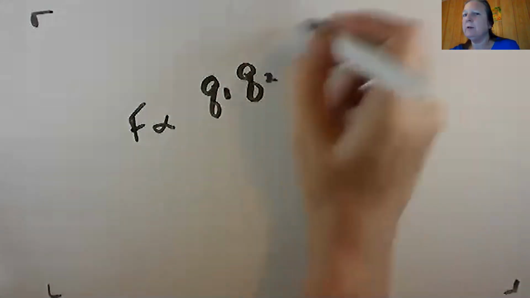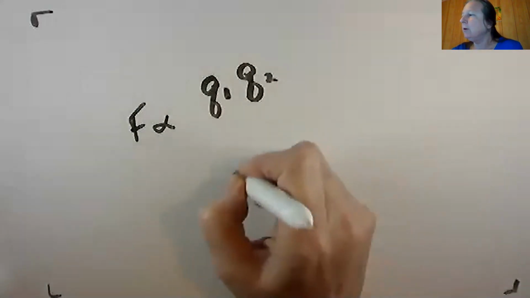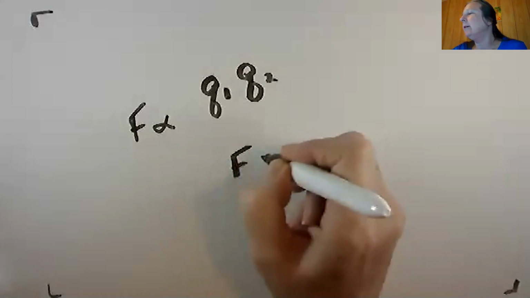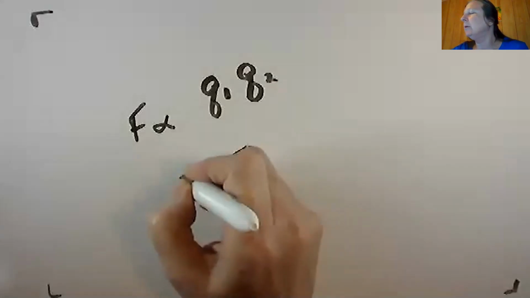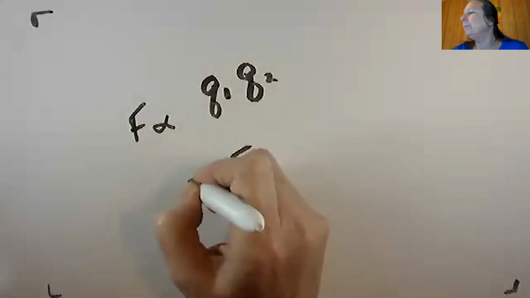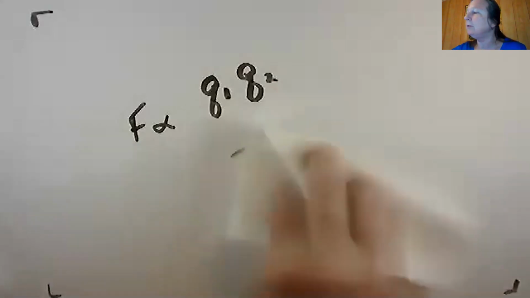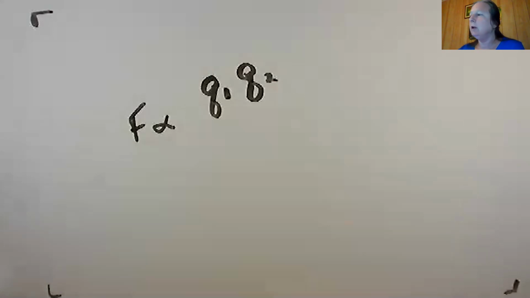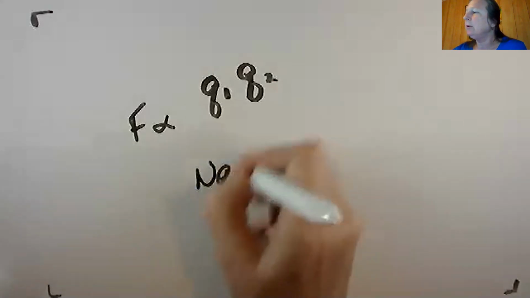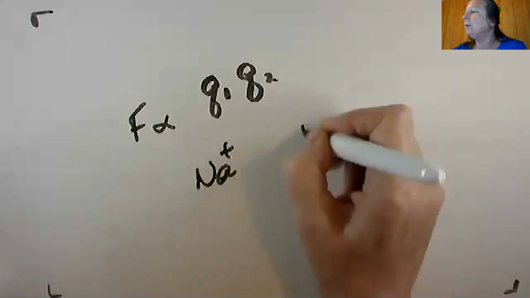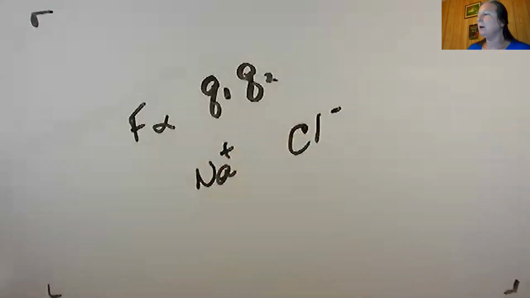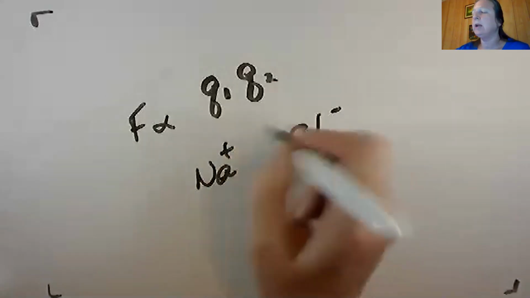So if I have sodium and chlorine, the chloride ion, you're familiar with sodium chloride. So if I have a sodium ion and a chloride ion, these 2 are going to form an ionic bond.